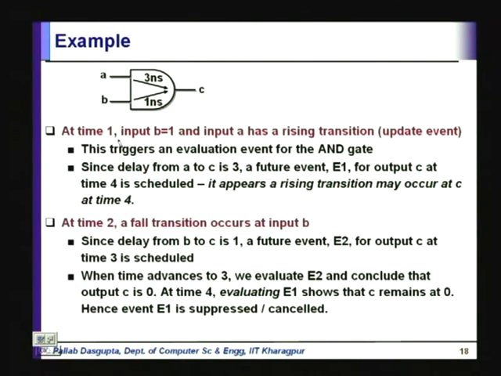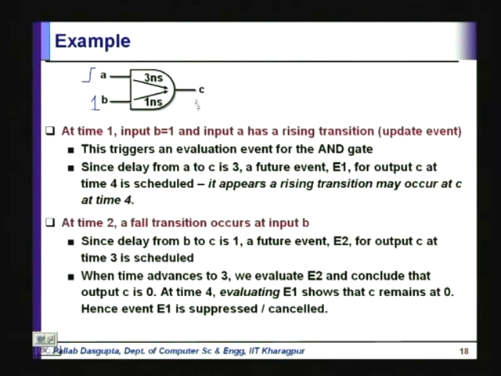At time 1, B has input 1, and input A has a rising transition, rising from 0 to 1. Now, when one input is 1 and the other rises from 0 to 1, the output of this gate is going to change from 0 to 1.